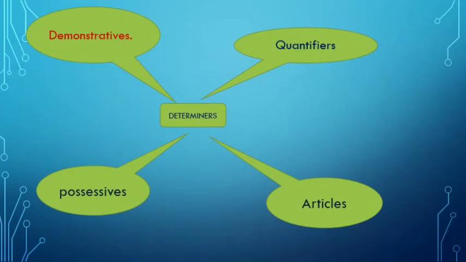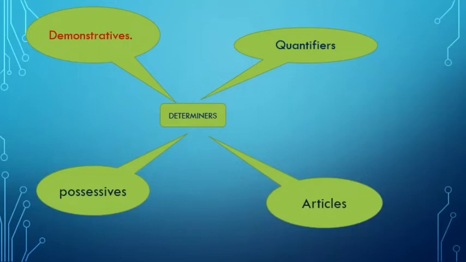Let us look briefly at the types of determiners. What is the first one here? Demonstratives. These demonstrative pronouns are also used as determiners. They are used to point to something specific within a sentence.